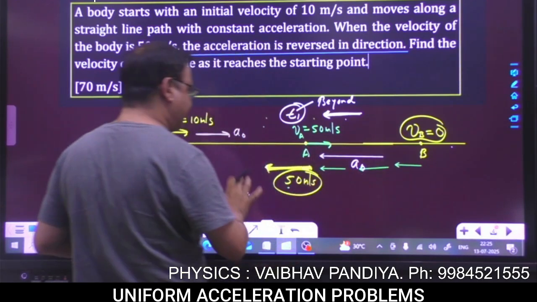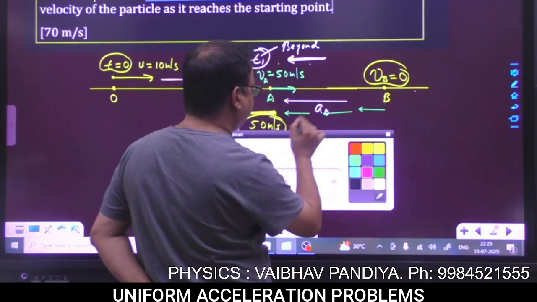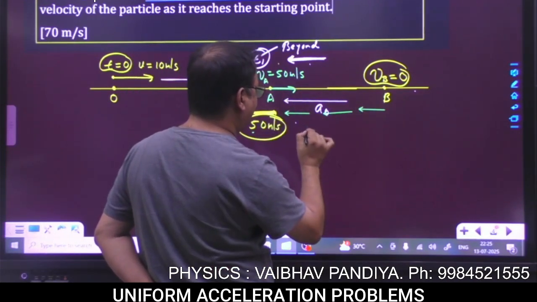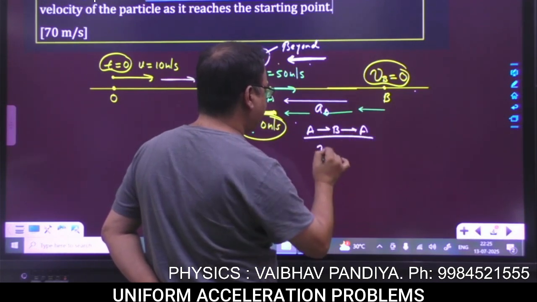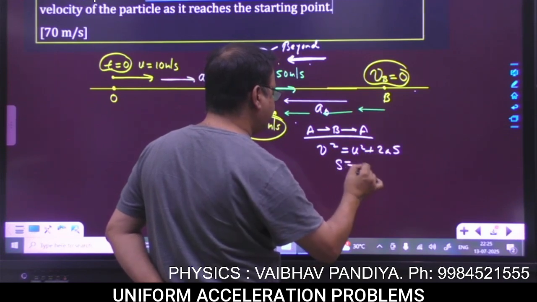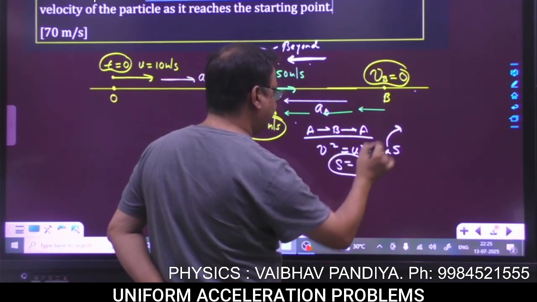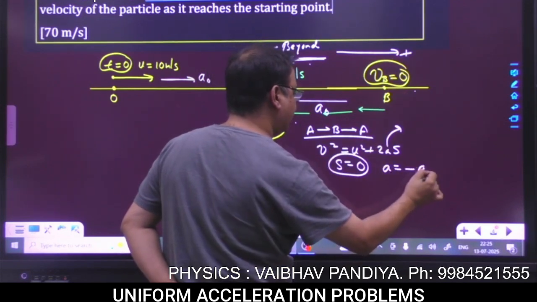And you can also get it by equation. If you take this whole interval as one segment of the equation of motion, that is A to B to A, and apply V square is equal to U square plus 2AS, S is coming to be 0, A is constant, and if I am taking this side as positive, A will be minus A naught.